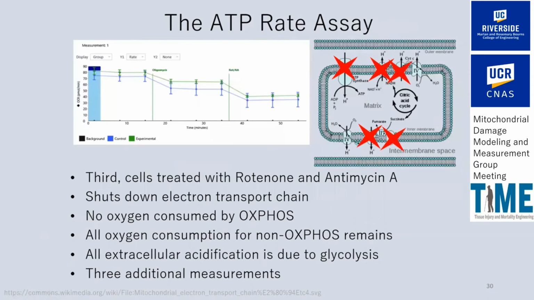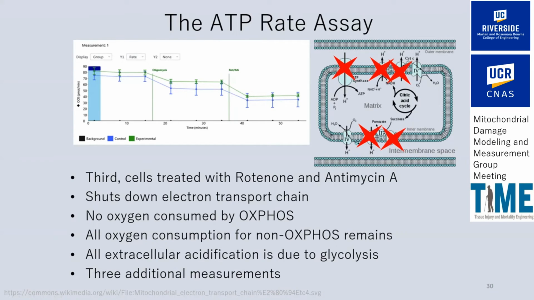However, unlike the Mito stress test, there's no FCCP administered. Rotenone and antimycin A are administered. When this occurs, the electron transport chain shuts down completely. No oxygen is consumed in the mitochondria, and this treatment is important because under this condition, the only thing contributing to the acidification of the media the cells are in is going to be glycolysis.